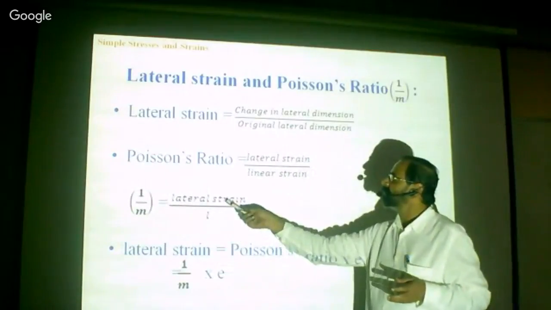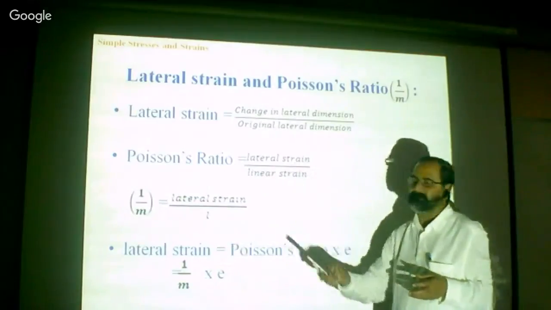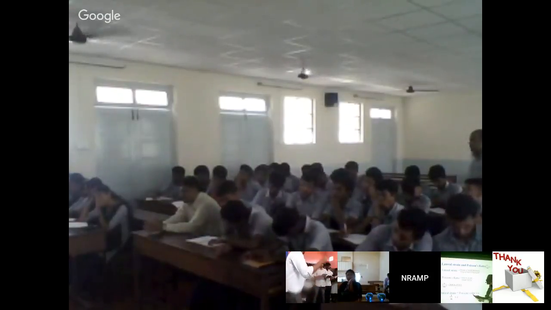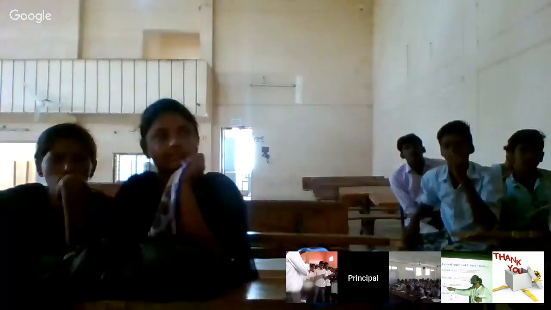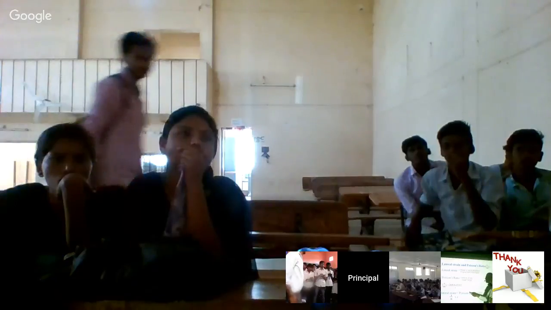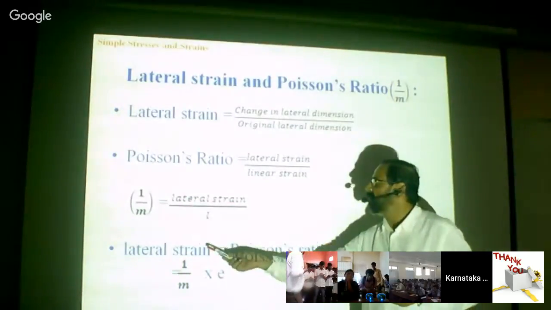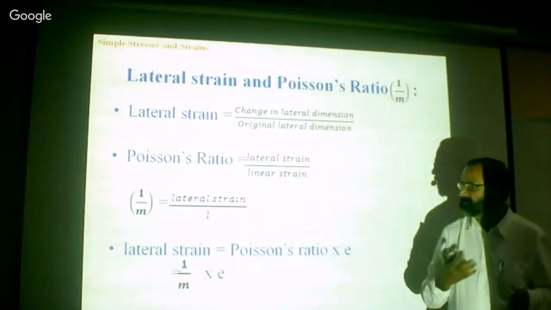We can calculate the linear strain by measuring the deformation, the change in length, and dividing by the original length. When we know the material constant and the linear strain, we can easily calculate the lateral strain. Very simple.